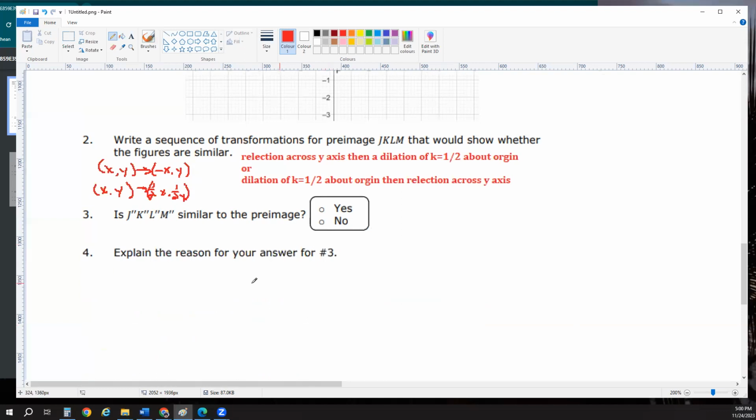Okay, do they make them similar? Yes, they're similar. Right, explain the reason I said for number 3.